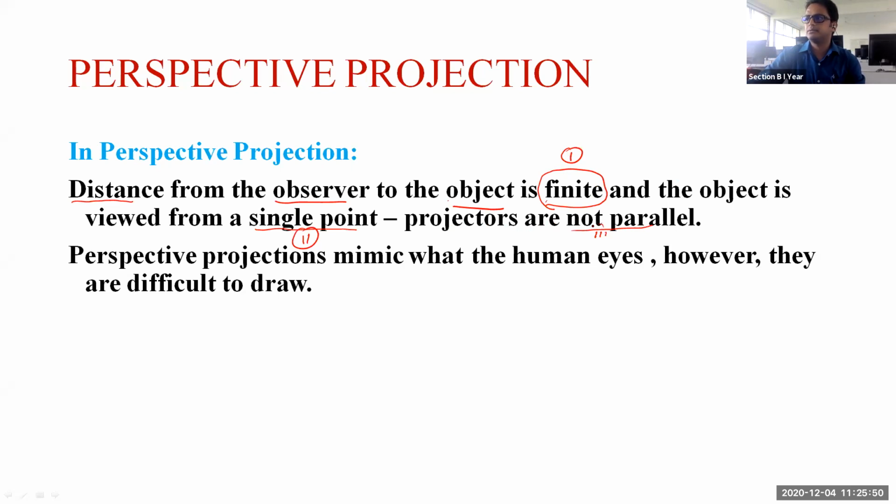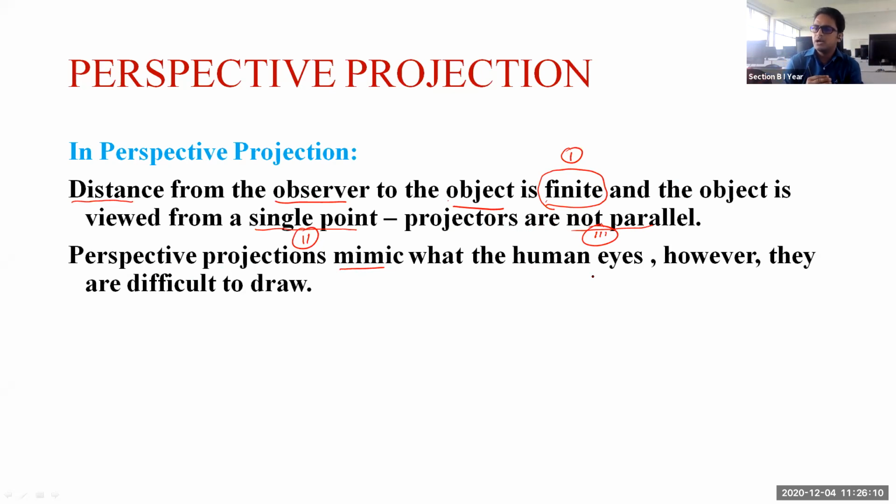This is point number three. If anybody asks you in your viva question what is perspective projection, then you have to tell these 3 points. Now, perspective projection mimics what the human eyes see, as I have already told you.